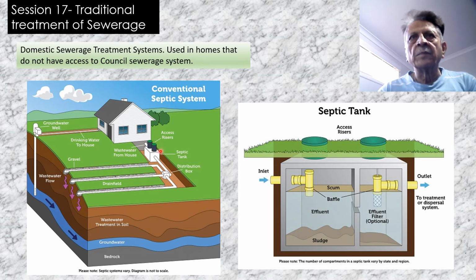So on completion of the digestion, the supernatant liquid that is taken off will be drained through the gravel drain into the soil.